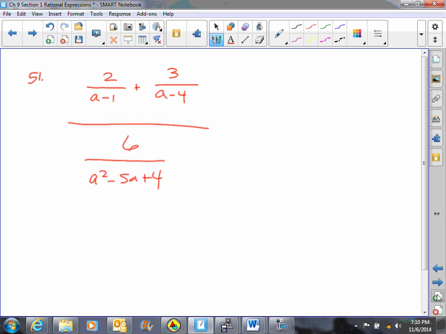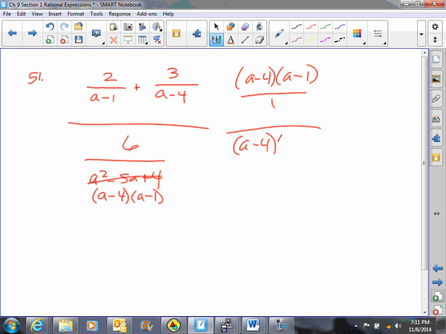Now, if we factor a squared minus 5a plus 4, it factors into a minus 4, a minus 1, which are the two denominators of the fractions in the numerator. So what we're going to do is multiply by a minus 4 times a minus 1 over a minus 4, a minus 1 over 1.